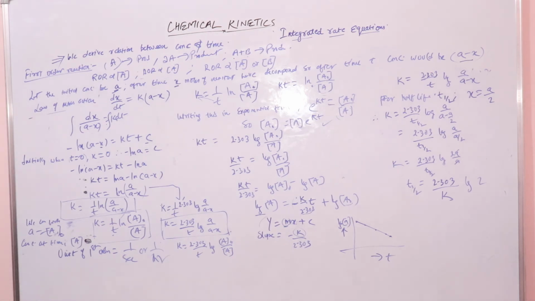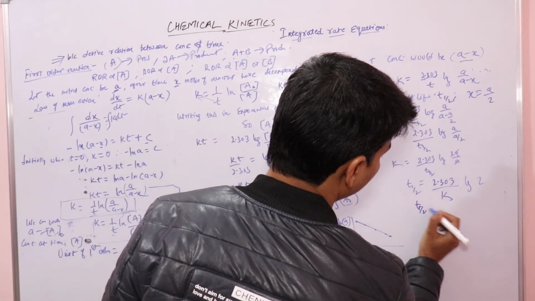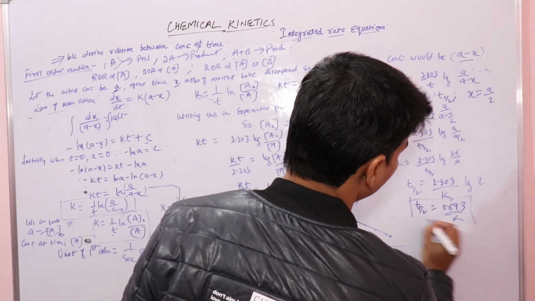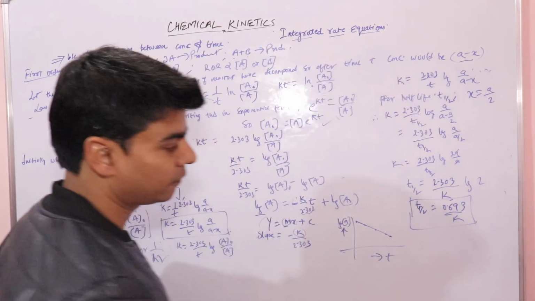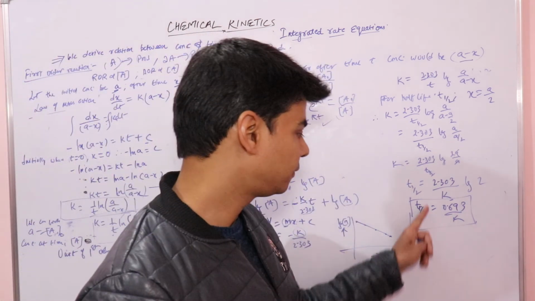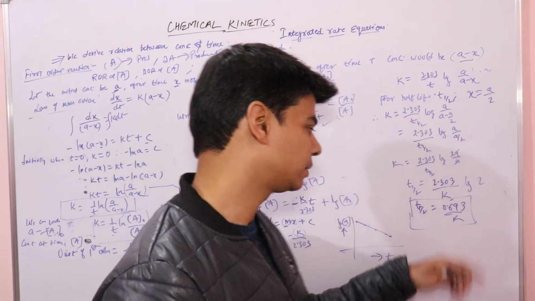So t half = 0.693 upon k. This is the relationship between half-life and rate constant for a first order reaction, and the half-life of a first order reaction does not depend on the initial concentration of reactants.